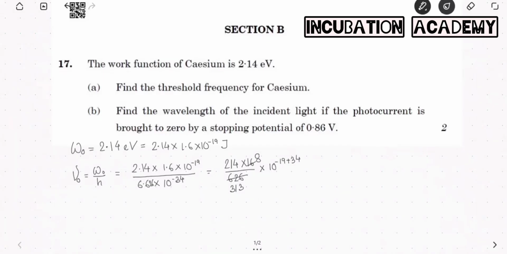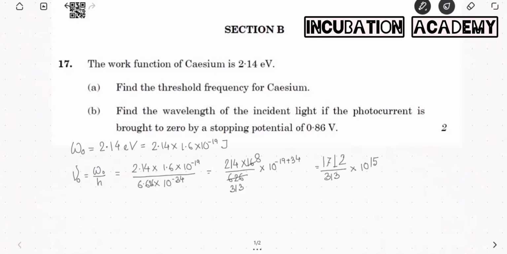Now we have to do the multiplication. 8 fours are 32, 8 ones are 8 plus 3 is 11, 8 twos are 16 plus 1 is 17, divided by 313 multiplied by 10 to the power 19 minus 34, so 5. And 1 2, so 15. Please check it out, 10 to the power 15 it is.